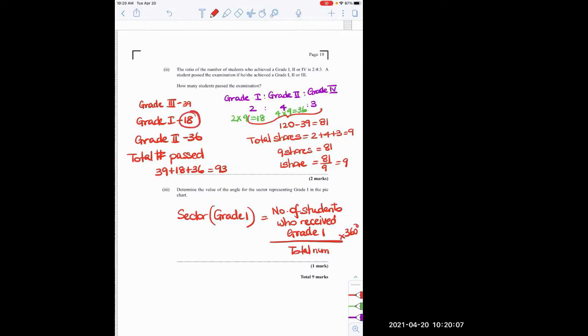So 18 students received grade 1, so it will be 18 over 120 multiplied by 360. And we will get 54 degrees. 54 degrees.